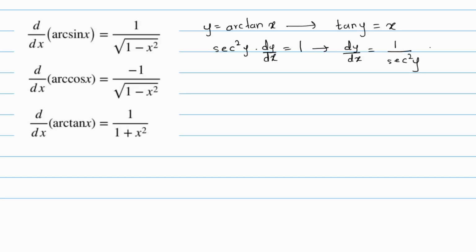So we need to get this in terms of x. We do a similar manipulation as before. We draw a right angled triangle, just like that, and assume that the angle is y. We know that tan y is equal to x, and tan is opposite over adjacent. So the opposite is x, adjacent is 1.